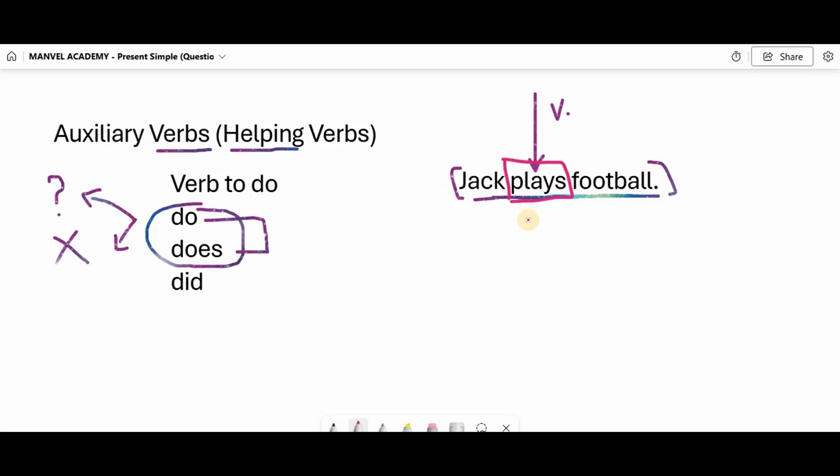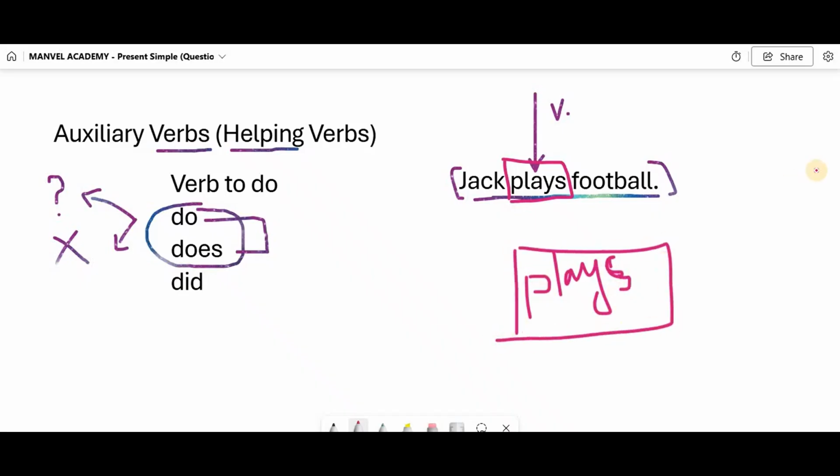What's next? I will tell you that inside the verb there is an auxiliary verb. This is the verb. Inside the verb, there is an auxiliary verb, hidden. How come? I'll tell you how come. Let me erase this first.